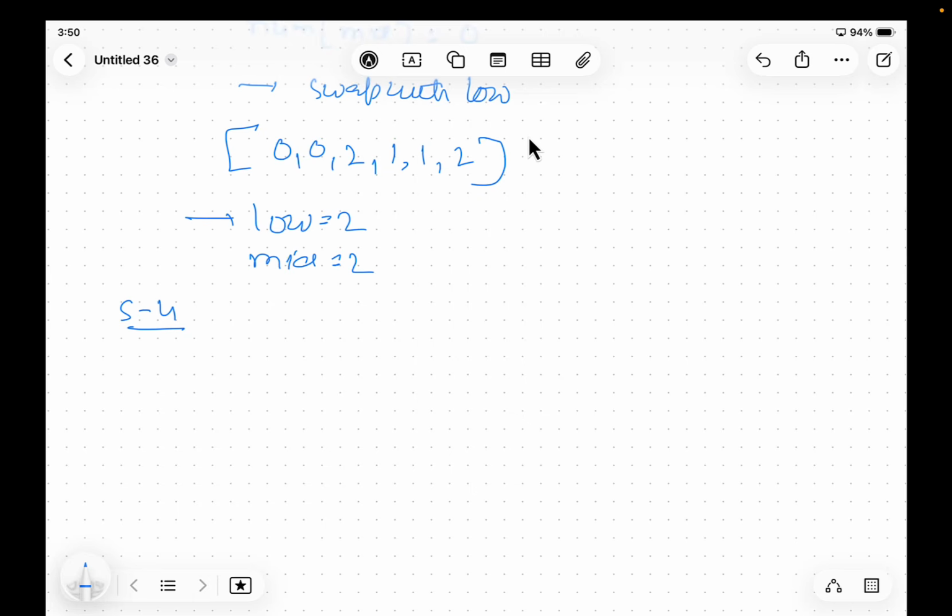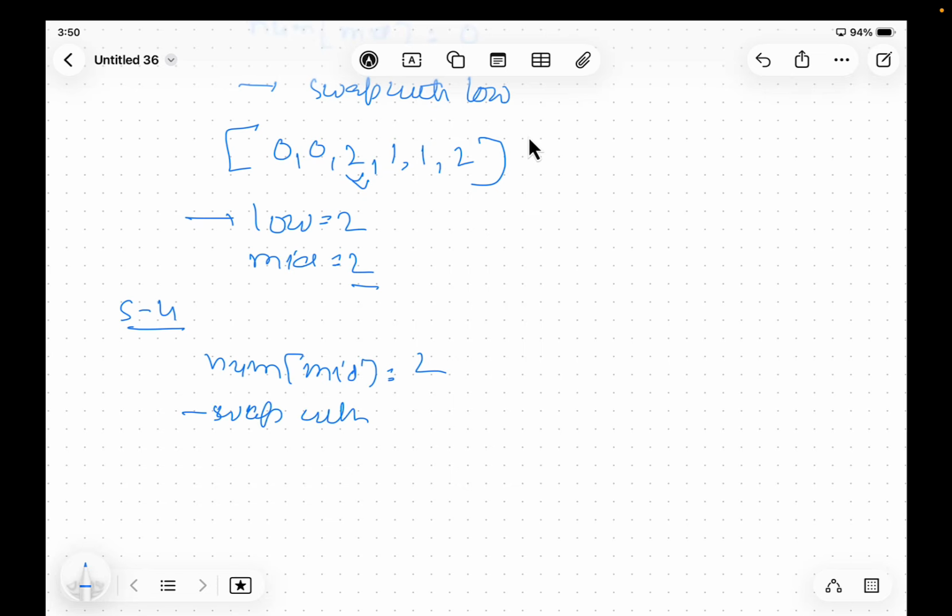Mid is still 2. So now nums of mid, what is that? Which number is coming? Mid equal to 2. So at 2 we are having number 2. Correct? So 2 is high, I'm going to swap with the high.